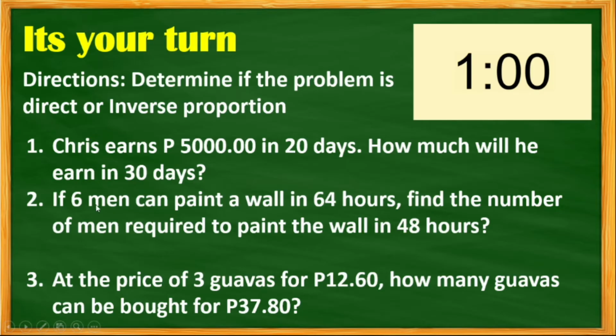Number 2, if 6 men can paint a wall in 64 hours, find the number of men required to paint the wall in 48 hours. And number 3, at the price of 3 guavas for 12 pesos and 60 centavos, how many guavas can be bought for 37 pesos and 80 centavos?